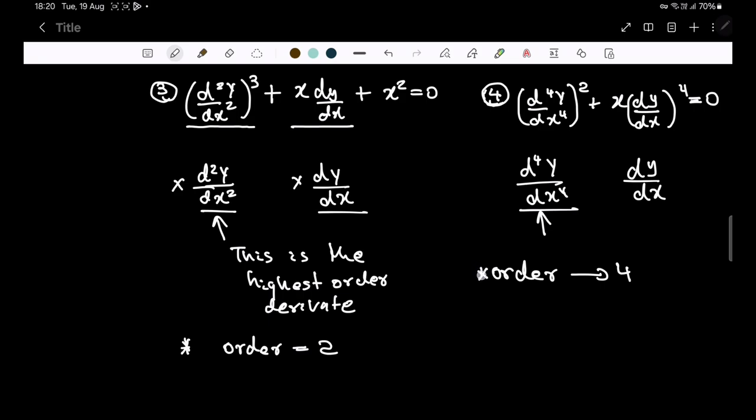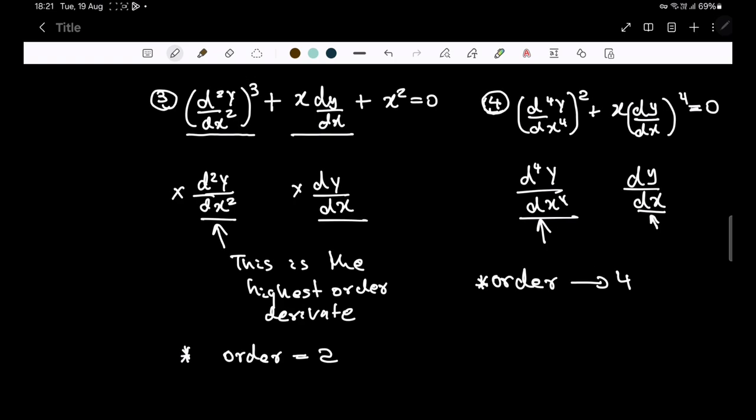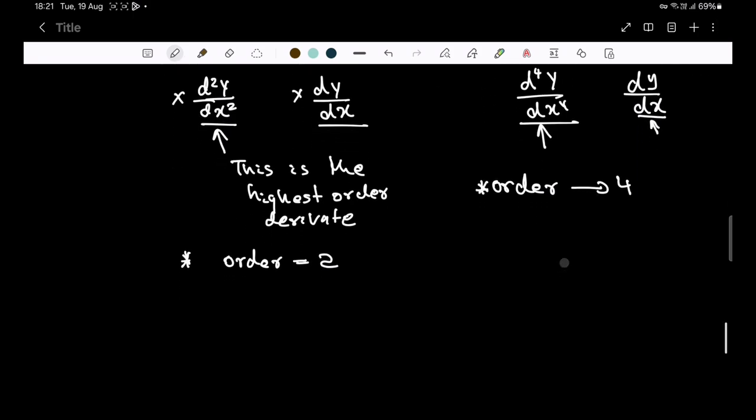But in this case, y is differentiated by x only 1 time. So I think you can understand how to classify differential equations by order.